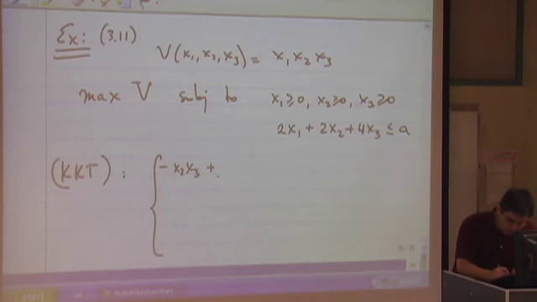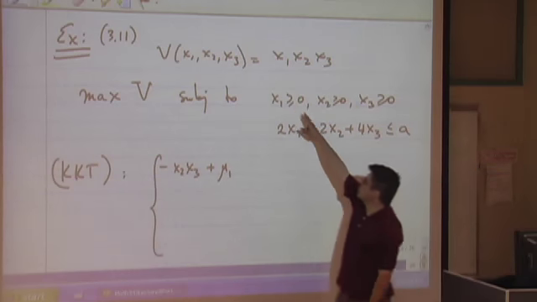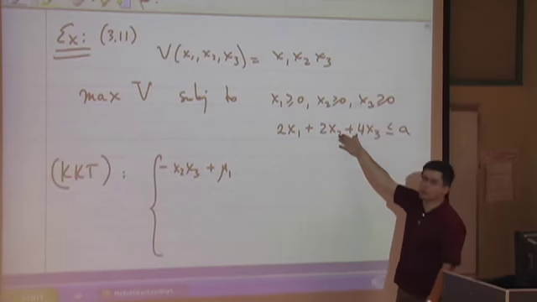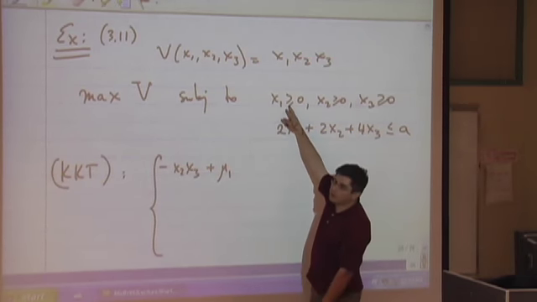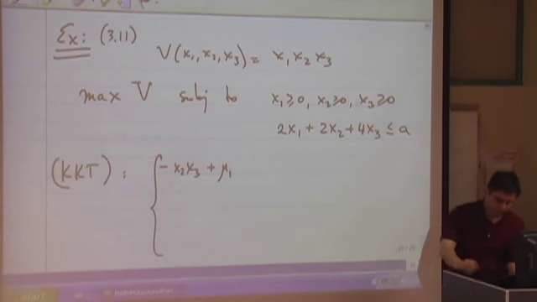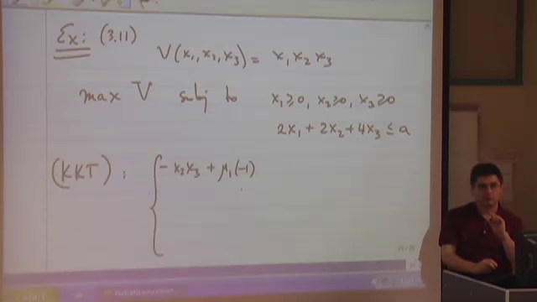Plus mu1, let's see, I think basically use in this order: mu1, mu2, mu3, right? And mu4. Now these should be less than or equal to, so it's minus 1 for the first, right?